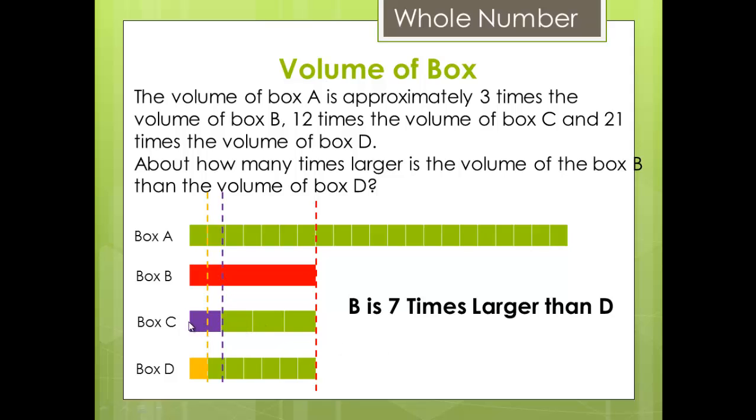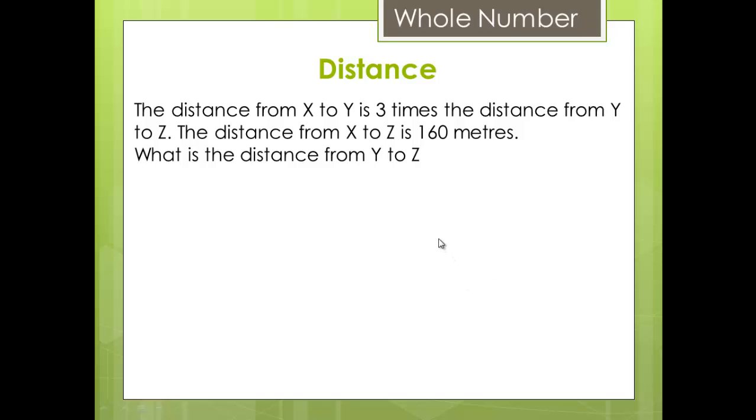Or if we were looking at box C, we could say that box B is actually 4 times bigger than box C. Alright, so you can equate and play around with those things there, but it's about getting these connections, about spacing there for that example. Now this is I think the last one.